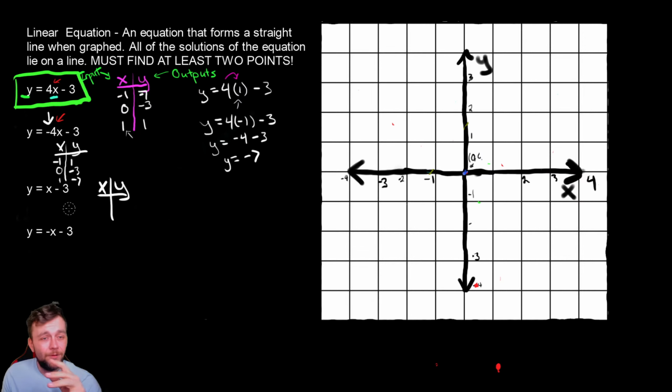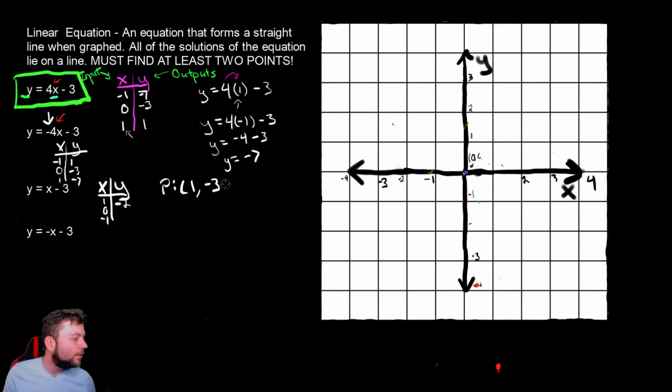And now I will always stick to just my habit. Let me make it a little bit smaller. I'm still going to stick to 1, 0, -1. And when we plug those in, we have 1 minus 3 is -2 for our first input and output. So our first ordered pair is 1, -2.